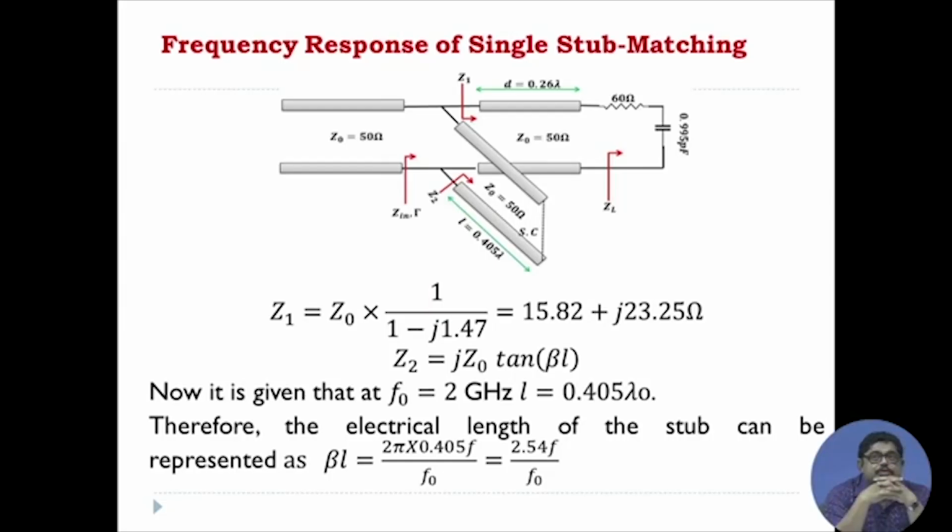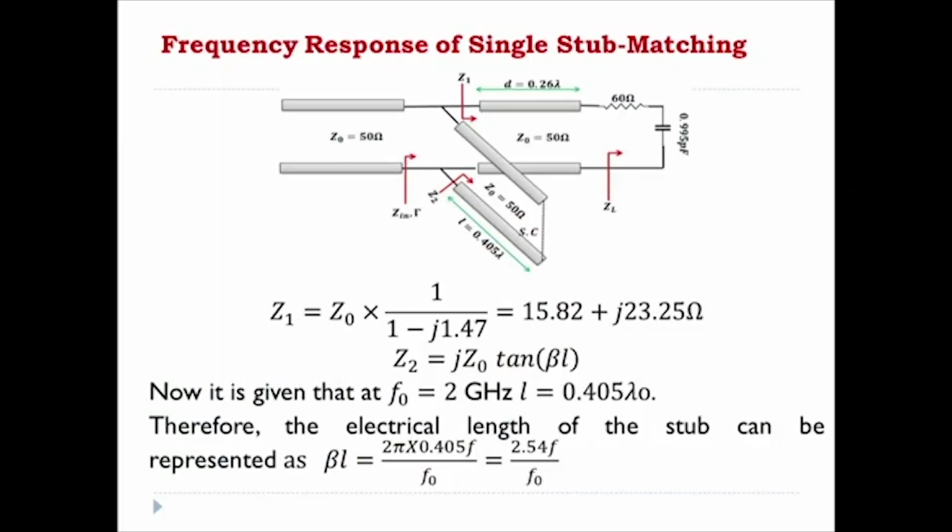So if at another frequency we give a signal to this impedance network, there will be some reflections; the reflection coefficient will not be 0, it will be some non-zero value. We can find that by expressing this Z2 in terms of beta L. Beta L is the electrical length of the transmission line, where beta is the phase constant, 2 pi by lambda, and L is some fraction of that lambda.